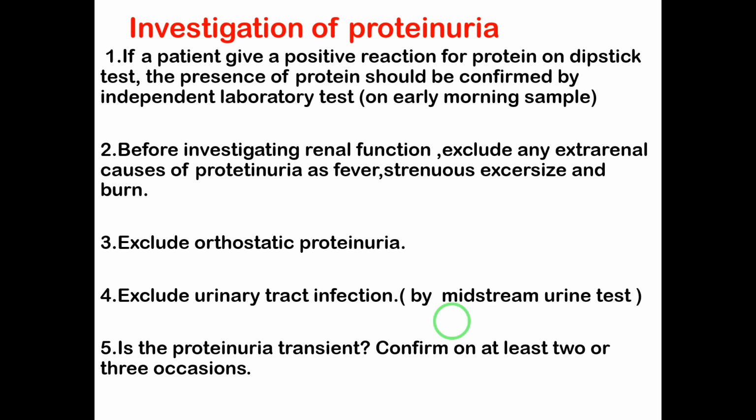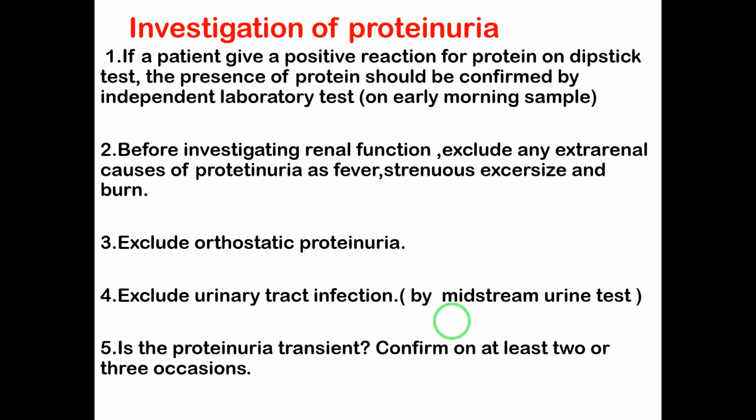So first of all, we must check it twice, and we must ask in the history about any cause of transient proteinuria, for example, fever, exercise or exertion.